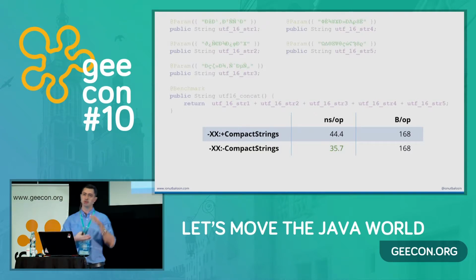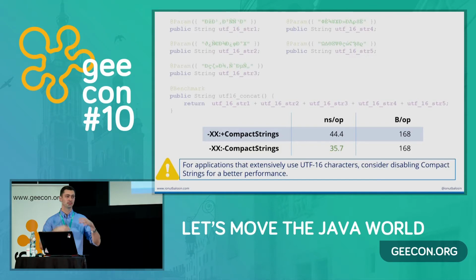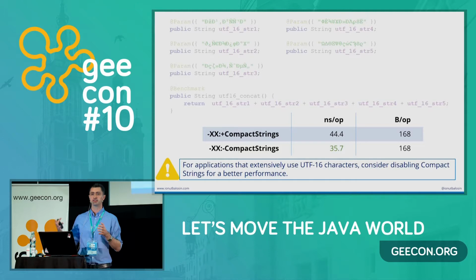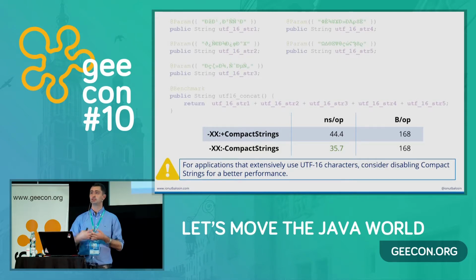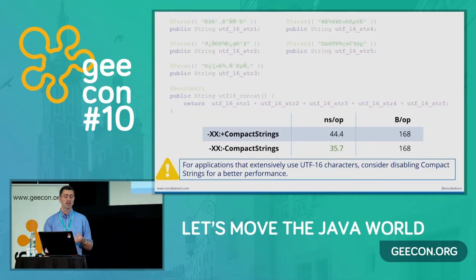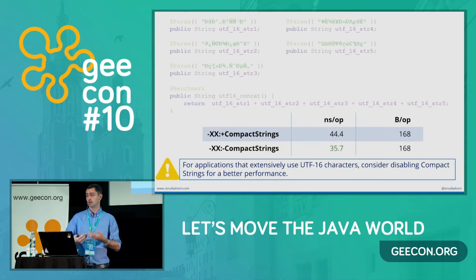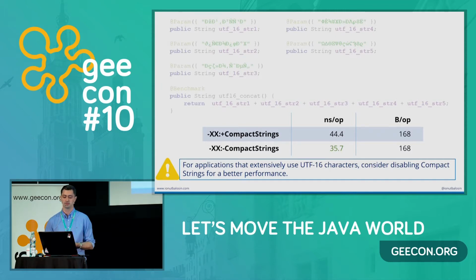Lower response time is better, which concludes that if your applications rely on the majority of strings being UTF-16, why not try to disable the compact strings, which come by default, and measure the performance. It's free, so it's just a mechanism of leveraging and deciding if it works for your application.